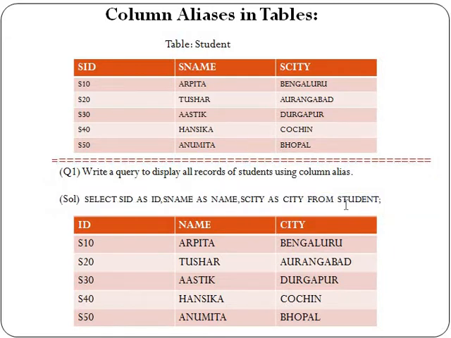Once this SQL query gets executed, you can see this table student displayed in the output, but with the column names SID, SNAME and SCT changed into ID, name and city.